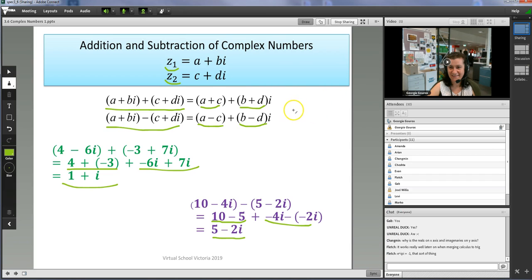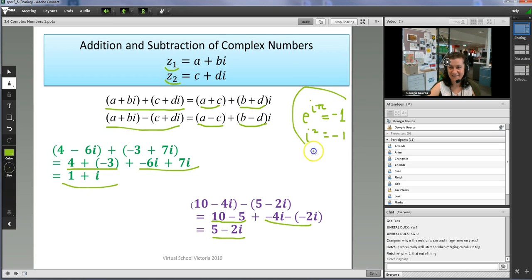Fletch is onto something there when he's talking about e to the power of i pi. This is a definition that you might like to Google, which is also, as we know, equal to i squared. It's also equal to -1.